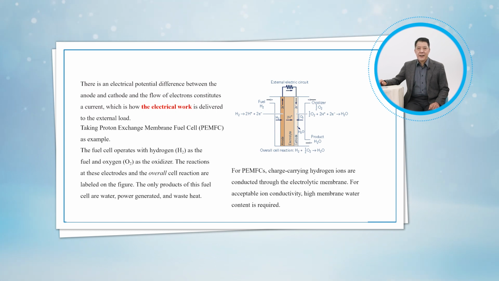For PEMFCs, charge-carrying hydrogen ions are conducted through the electrolytic membranes. For acceptable ion conductivity, high membrane water content is required.